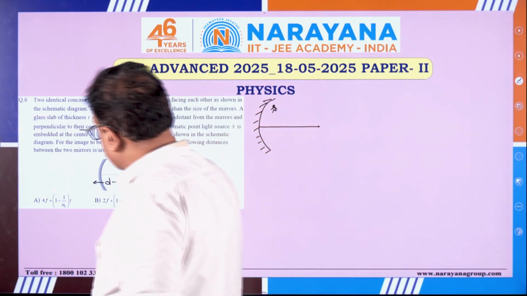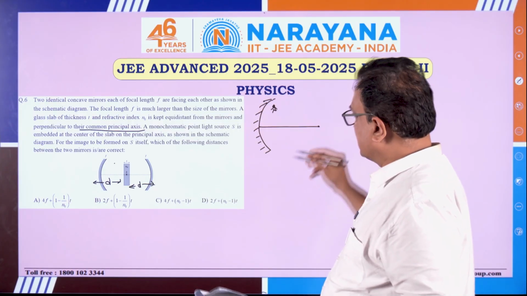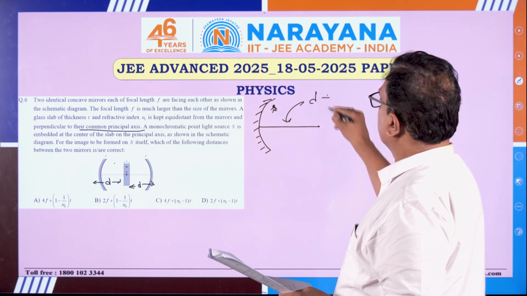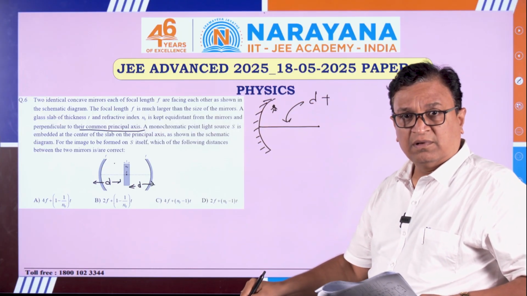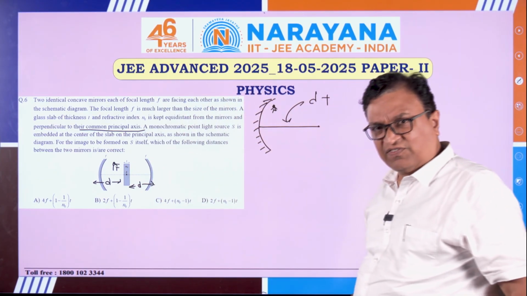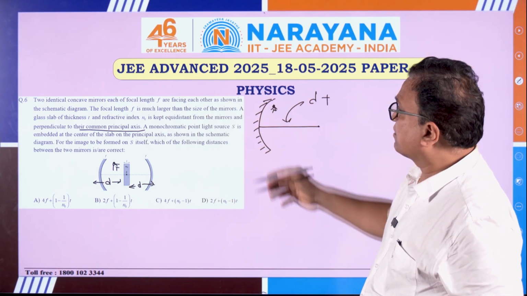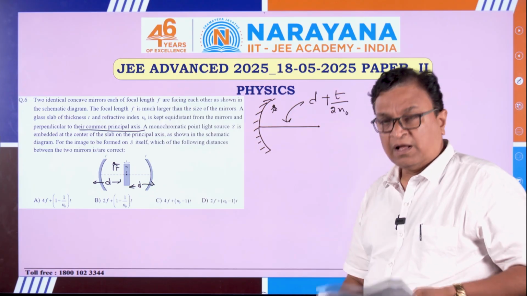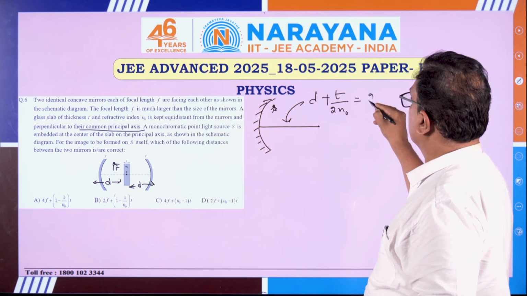So if I am standing here, for this location to be my center of curvature, what should be the correct distance? D plus, okay, right. Now it is exactly the middle, which means for this observer standing over here, the apparent depth from the free surface is T by 2 times the refractive index N0. And remember, that should be the center of curvature location, which is nothing but 2F.